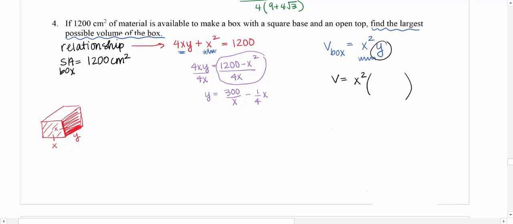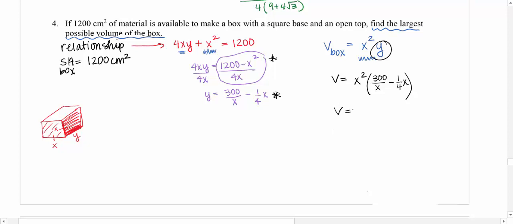So in place of y, I'm going to now substitute one of these for y. They're of equal probably levels of difficulty for me. But you might just say, you know what, this one, I can see that the x squared divided by the x will divide out, or maybe you like distributing this way better. So I went through the separation, so I'll leave it as 2 separate terms.